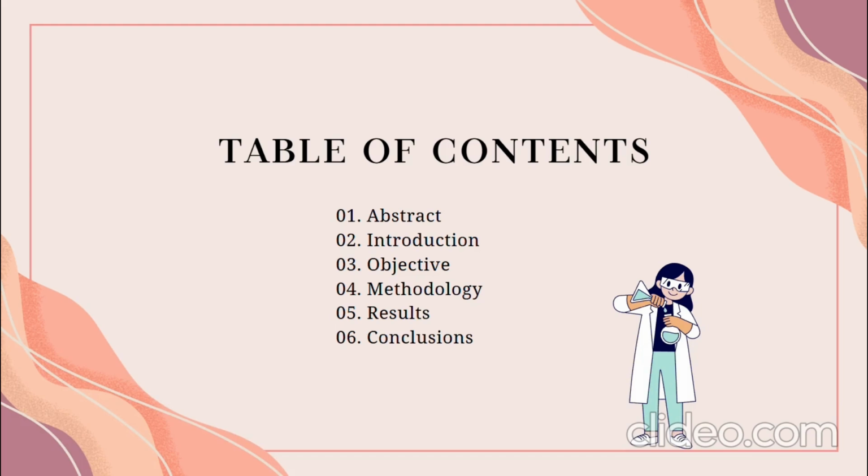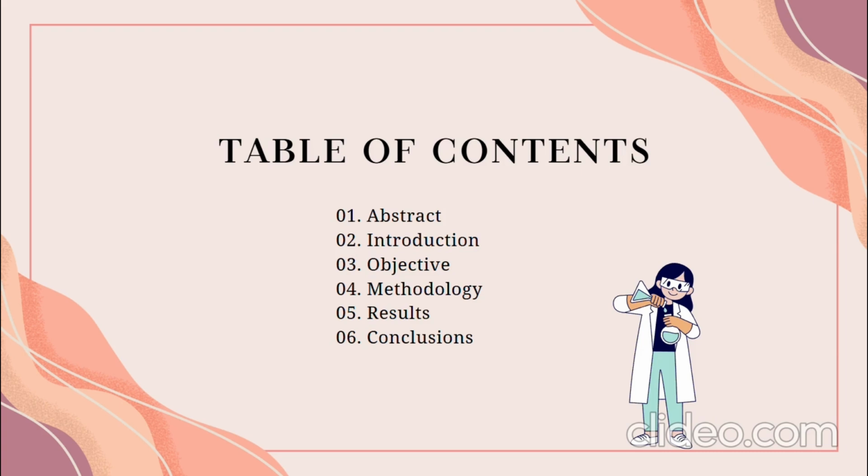Table of contents. In this video, we will guide you through the following sections. 1. Abstract. A summary of the main idea and importance of the topic. 2. Introduction. An explanation of the background and relevance of this study. 3. Objective.